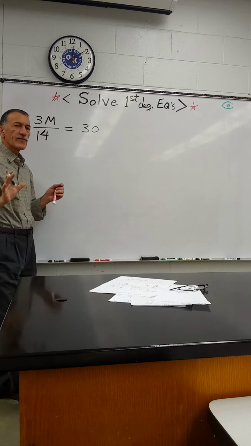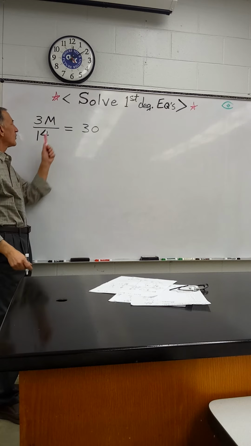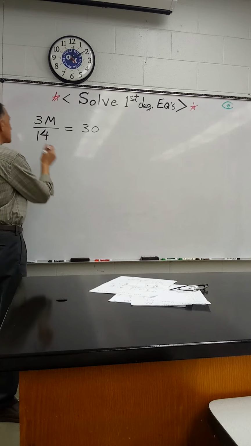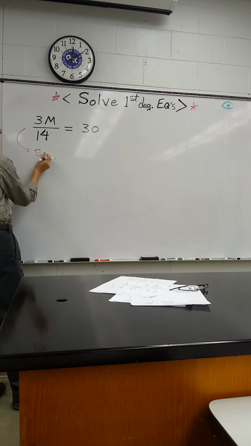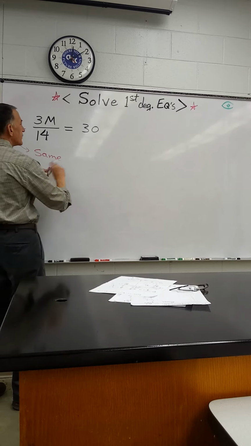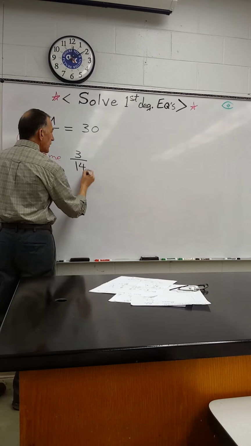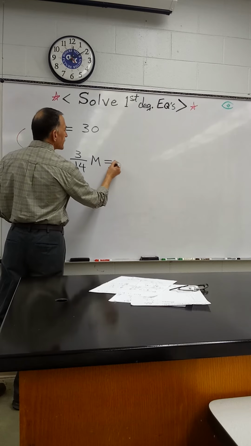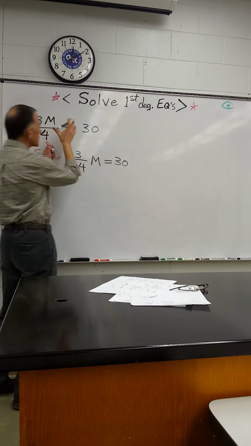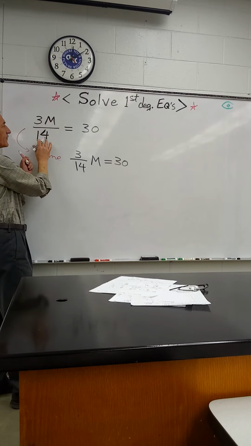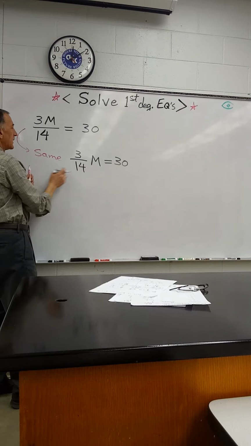There are two ways to perform that. By the way, 3m over 14 is the same as if you wrote 3/14 m equal to 30. So both of these are the same thing. 3m over 14 is 3/14 of m.